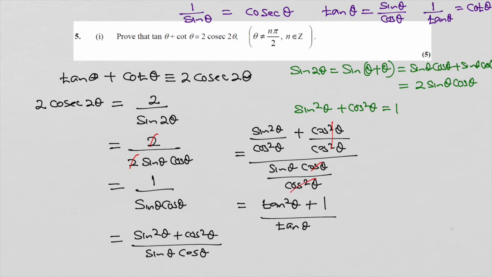And sine theta over cos theta is tan theta. Now I need to rewrite that expression. So that would be tan squared theta over tan theta plus 1 over tan theta.